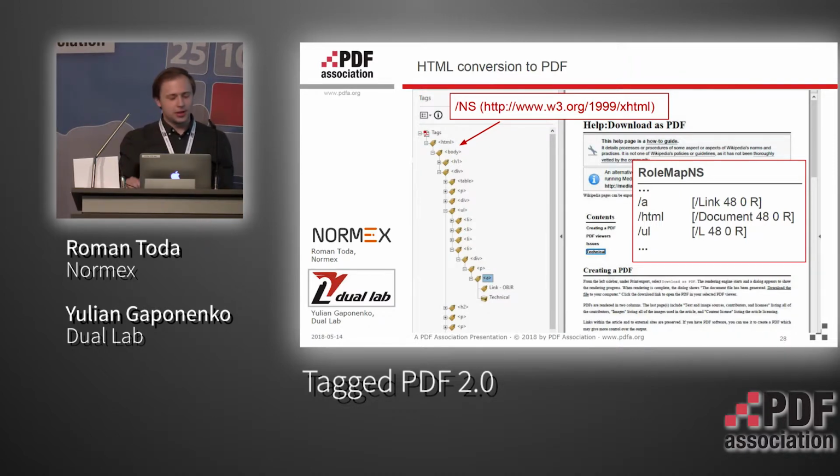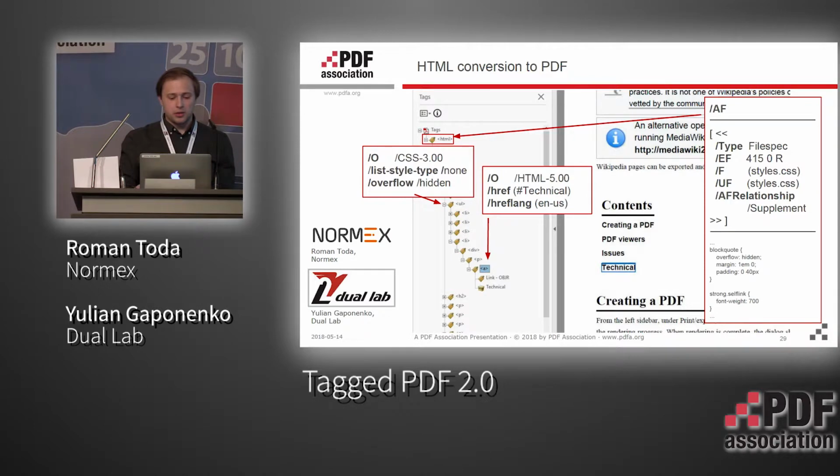So this is a small example of how it can be done. It might get a bit tricky because there are different nesting rules for HTML and PDF, and they are not exactly direct, but in general it is solvable. And another thing is that it's always a pity that when you create a PDF document, you lose all the information of the context from which this PDF was created.